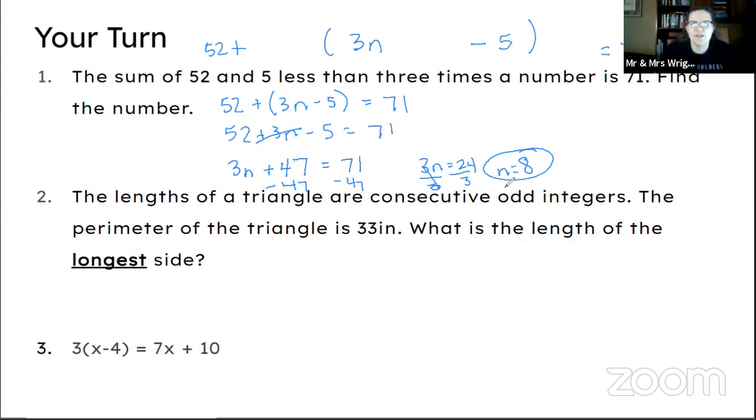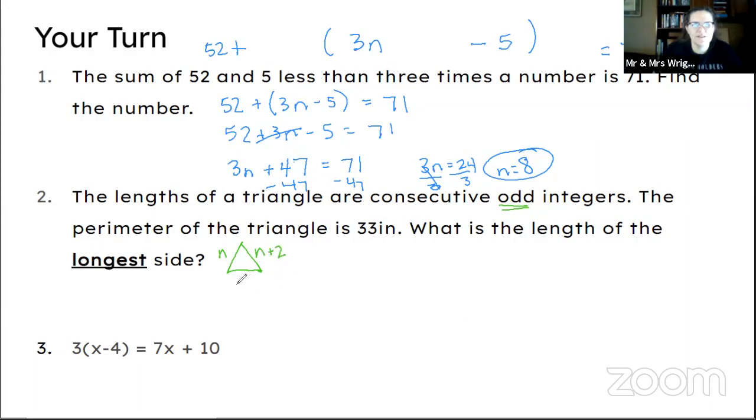All right, let's change here to another color, green. The lengths of the sides of a triangle are consecutive odd integers. So the first thing I want to do is draw a triangle. They're consecutive, so n, and then one greater than that, and one greater than that. But consecutive odd. So that means if n is 1, then this one is going to be 2 greater than that, 3, right? n plus 2.